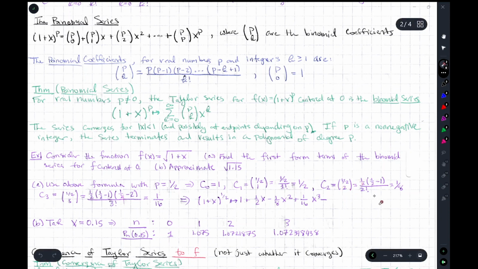We'll get 1/2 times 1/2 minus 1, because remember, we keep subtracting until we subtract out k minus 1, and k minus 1 here is going to be 1.